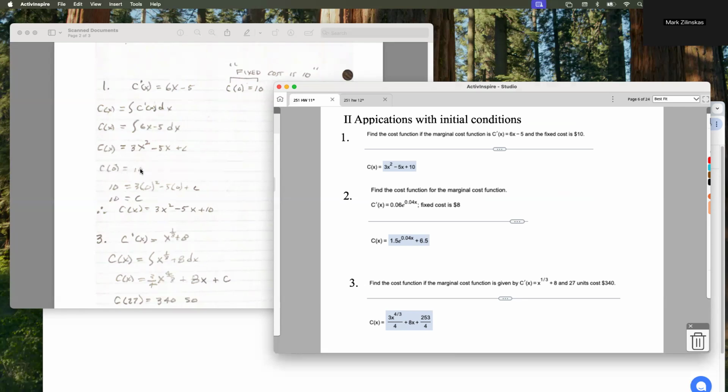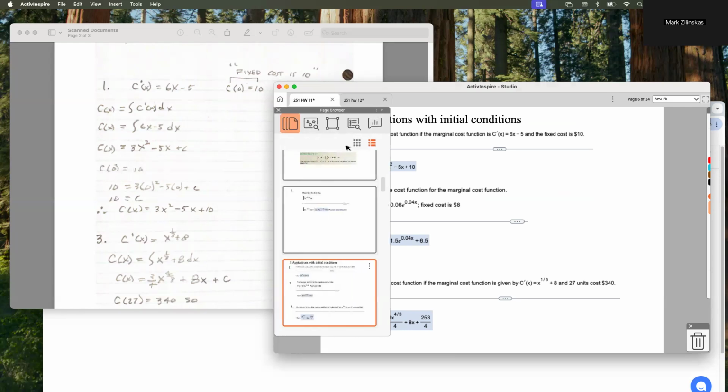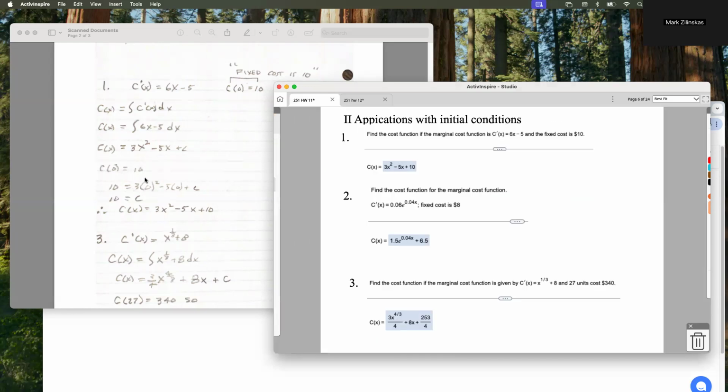Okay, so we're looking for a specific antiderivative or a specific function here. Well, we call this working with initial conditions. So what we end up doing here is just taking that function, take c of 0, and we're going to replace the x's with zeros. Of course, we have our plus c, and that's equal to 10, and just algebraically solve for c.